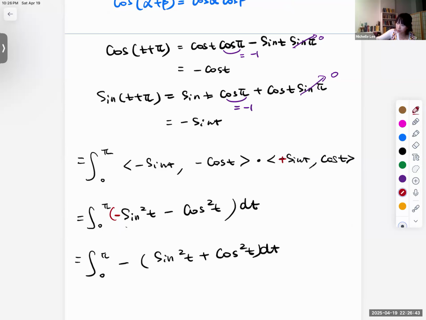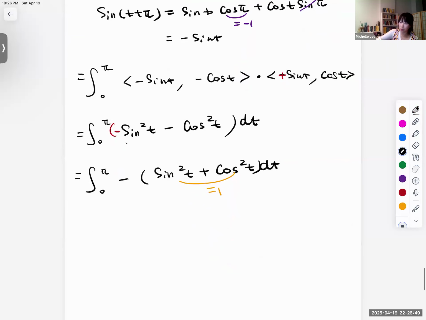Now we knew this is 1. So then, as in the experience earlier, from 0 to pi, negative 1 dt. So there will be negative t from 0 to pi, so there will be negative pi.